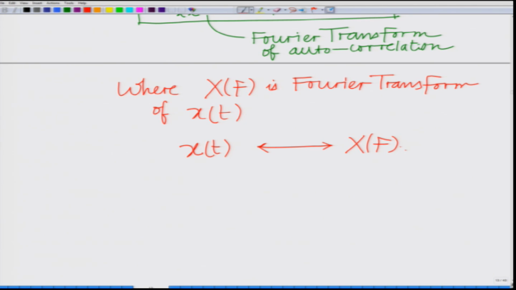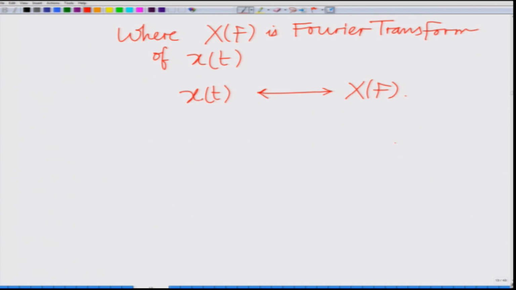Now, let us look at another interesting property of this Sxx of f.